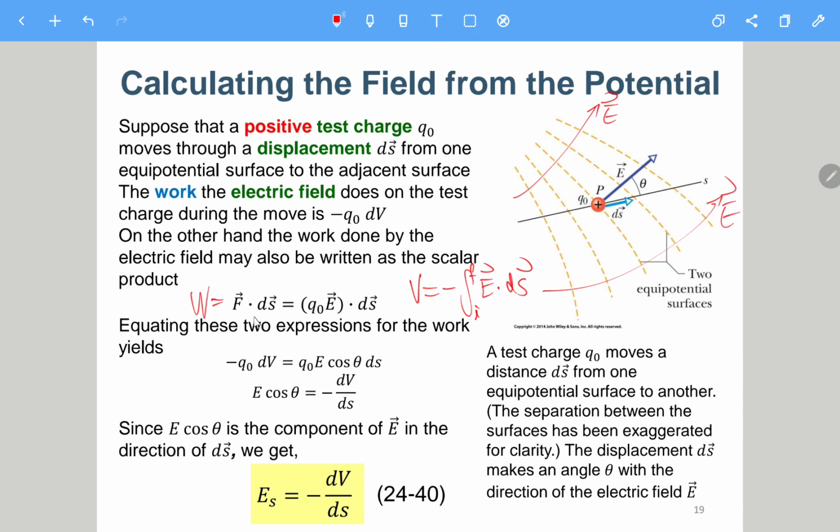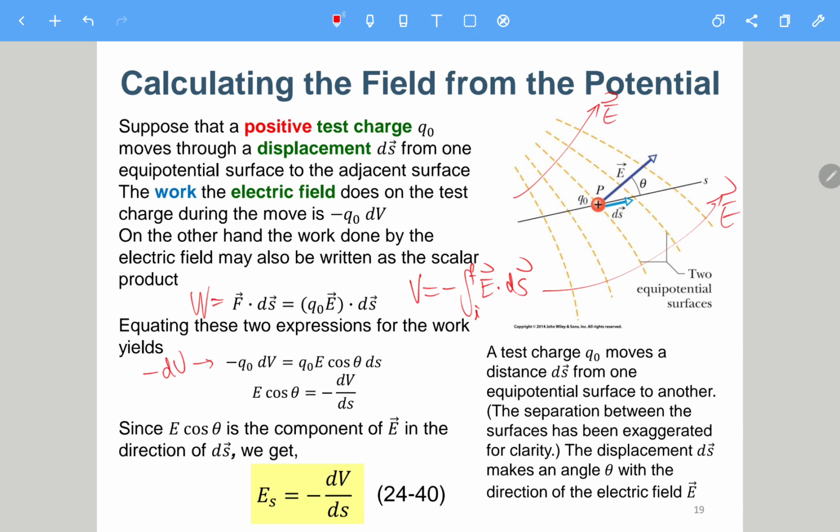Okay, so F equals q0 E. We can assume that E is uniform within an element. So we have F equals q0 E, and then dotted with ds. Okay, and then we also have this one, which is negative du.